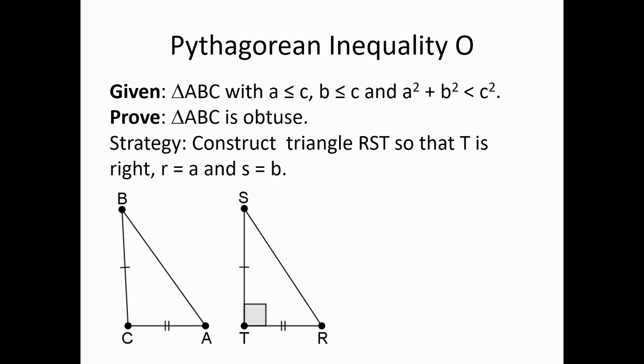So in this case, we construct a right triangle RST with its right angle at T, so that the right angle includes a pair of sides that are equal to the side of length little b in one and the side of length little a in the other. So you can see that this is what has been done in the diagram. And then we'll compare these two triangles together.